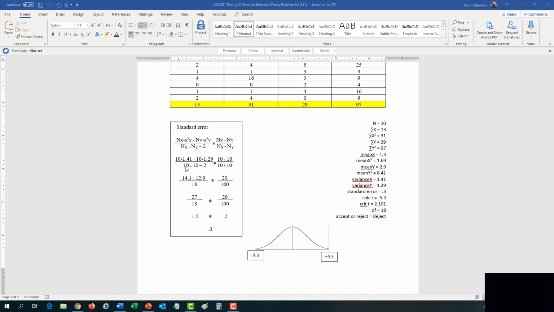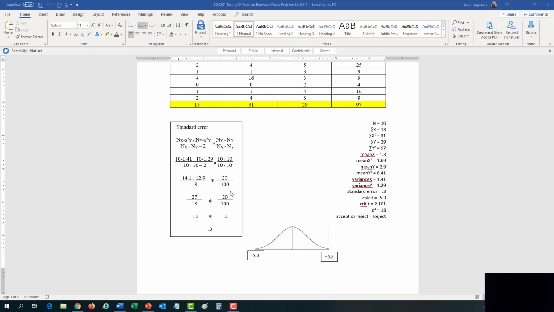And n plus n minus 2, or 10 plus 10 minus 2, is 20 minus 2 is 18. And then for this part, it's 10 plus 10, which is 20, and 10 times 10, which is 100. Okay? So we add these two numbers and get 27 divided by 18.